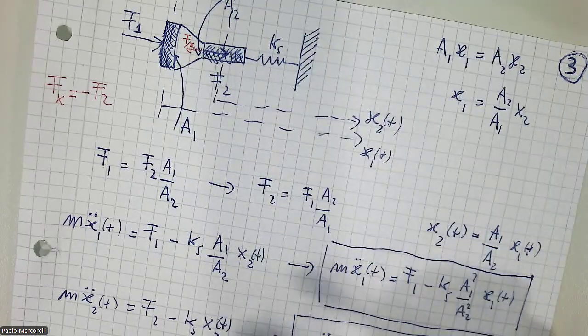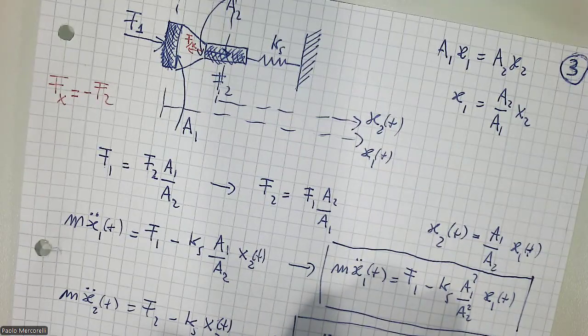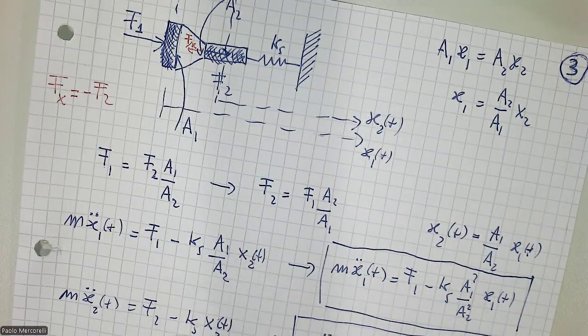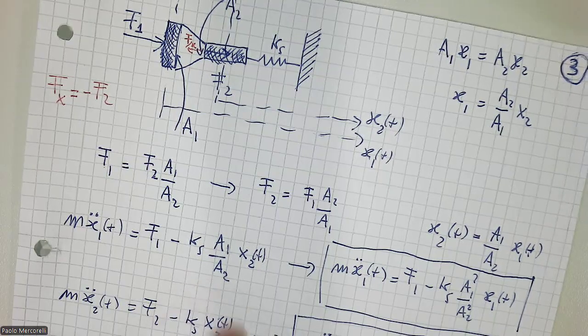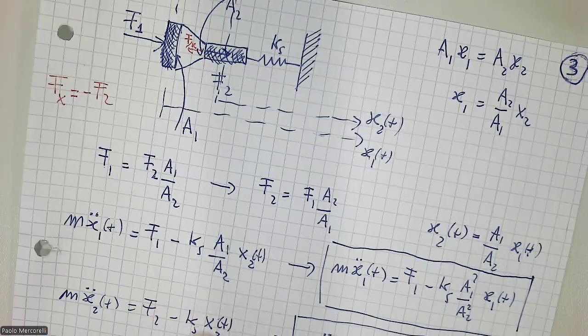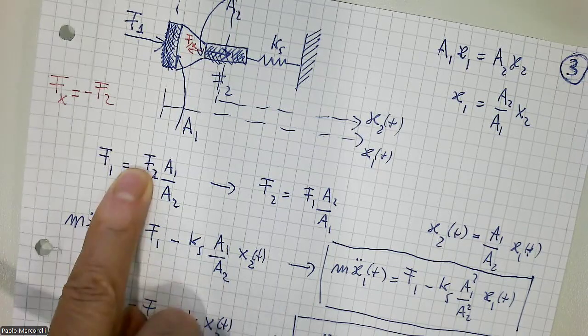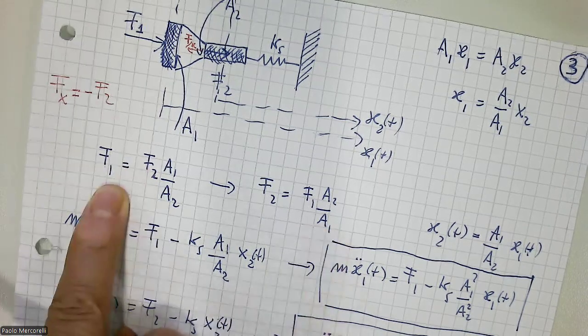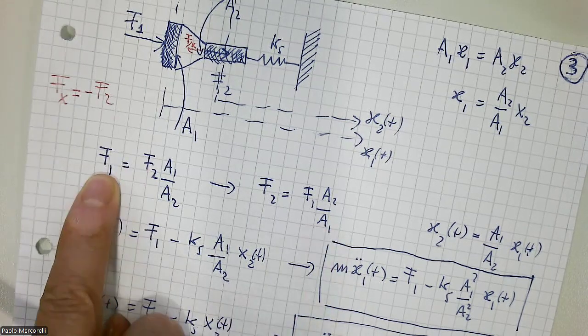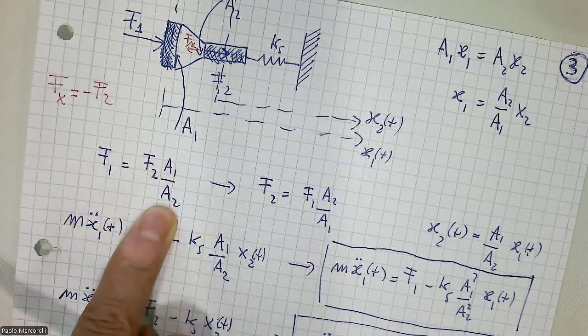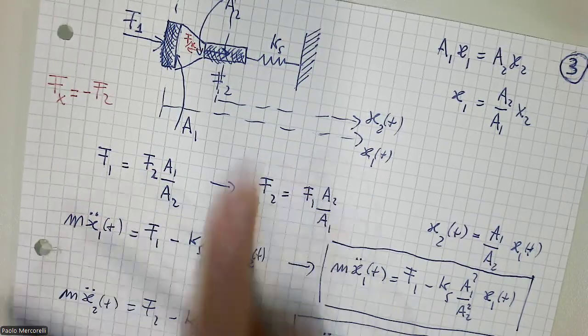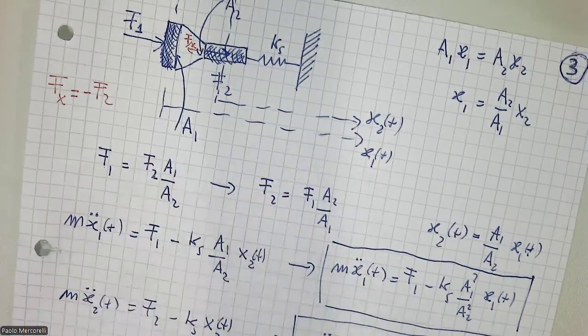Ks, which is the spring stiffness constant, or the spring constant, multiplied by x2. You remember in the lecture how the spring reacts? Now, using this equation here, which came from this, I don't know if I put in this formula F1 divided by F2 equal A1 divided by A2, but it doesn't matter.